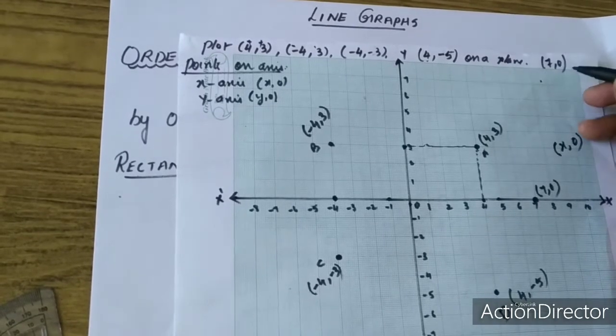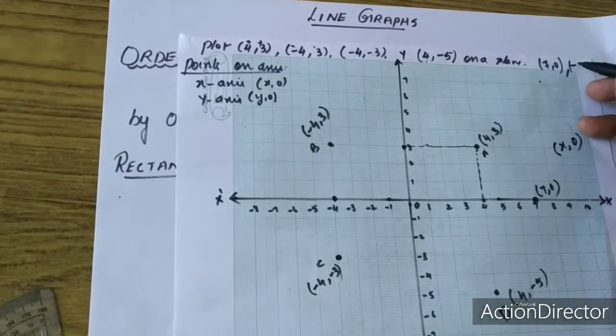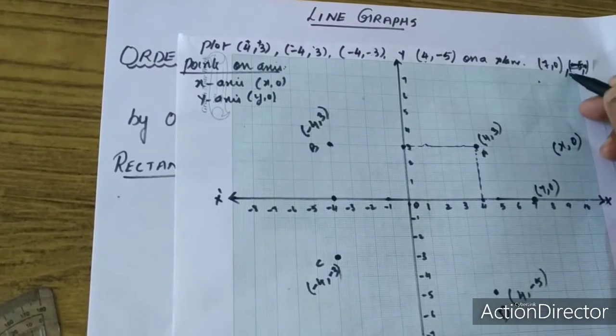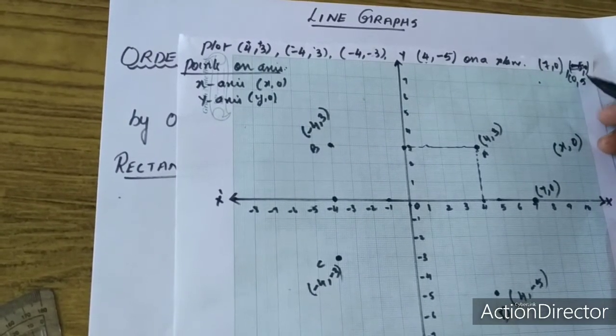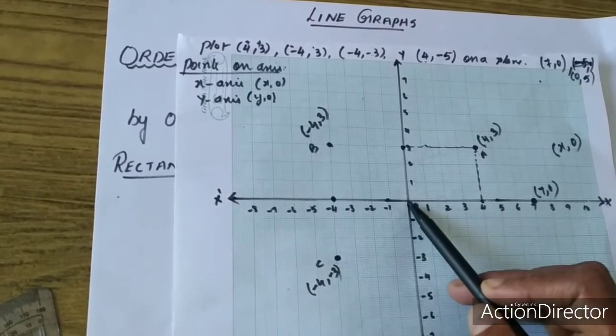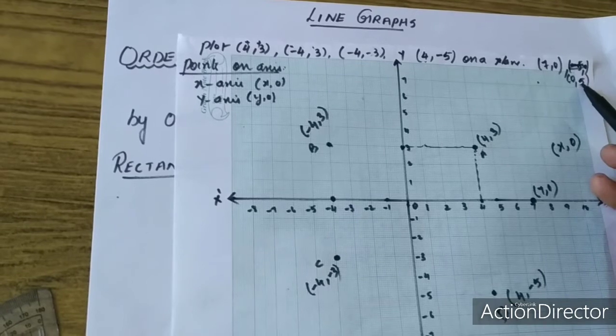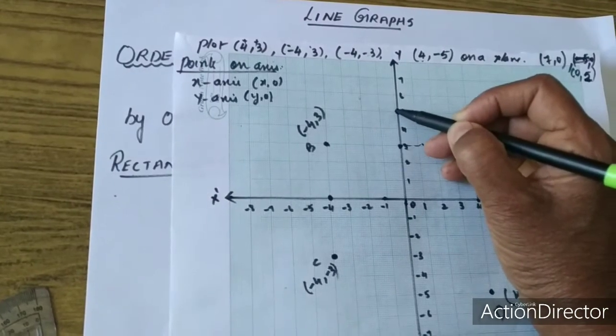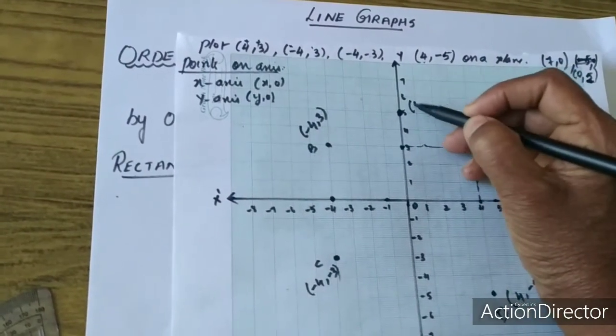Similarly, if we want to plot the point 0, 5, where will this point fall? Since x is 0, first you take x as 0. Next point always denotes the y-axis. So 5 lies on the y-axis. So this is the point where you can plot 0, 5.